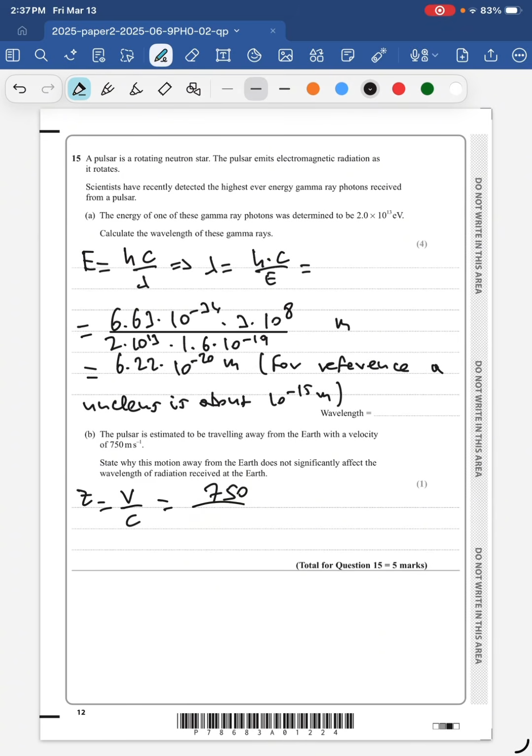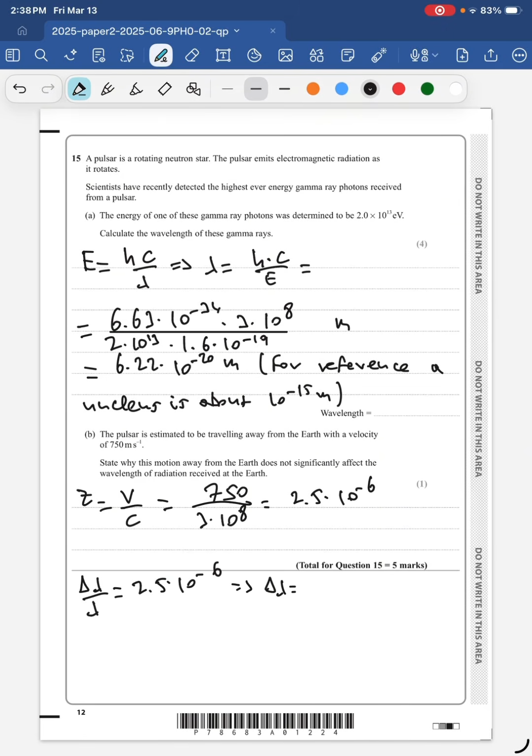So 750 over 3 times 10 to the 8 yields 2.5 times 10 to the negative 6. And this is a dimensionless factor because we are dividing a speed by a speed. So delta lambda over lambda will be 2.5 times 10 to the negative 6.